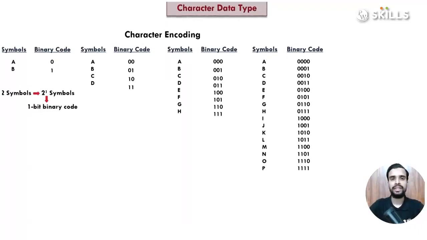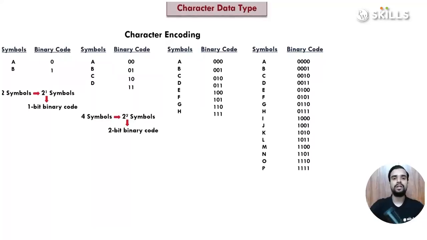Similarly, in the second case, can you tell me how many symbols we have got? Absolutely correct. We have got 4 symbols. And that 4, I would like to express it as 2 to the power of 2 like this. And whatever is there in the power, that is going to determine the length of the binary code. 100% it is going to be a 2-bit binary code, for which already we have the evidence because we have completed the analysis here.